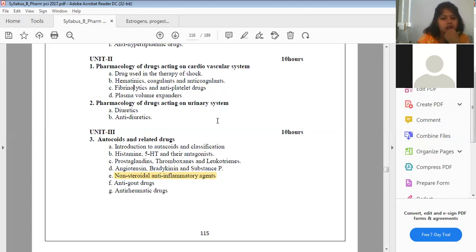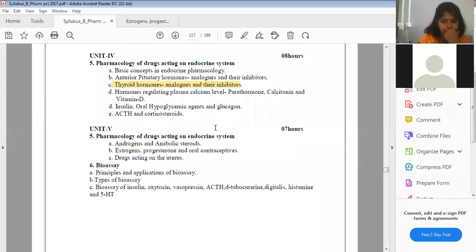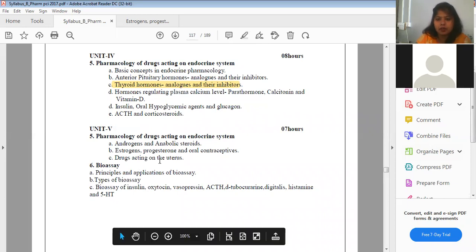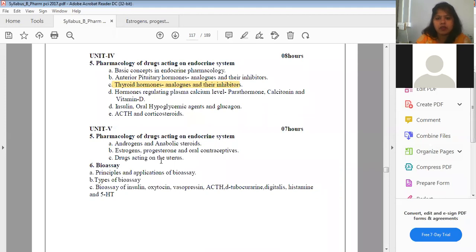Then from today, unit number 4 is much more difficult, and it requires more than 10-20 lectures. So it is not possible to cover your syllabus within this time duration. So sir told me to complete this section, that is unit number 5. Also my notes are given to Kale sir.